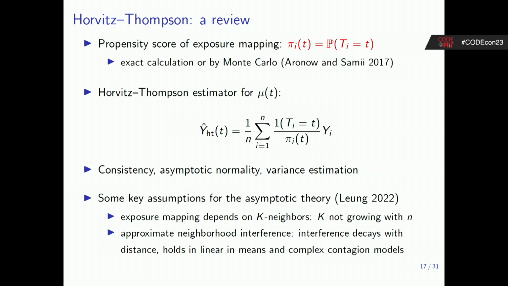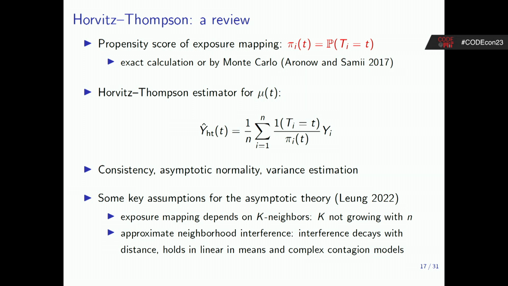We follow the recent Leung paper, follow their asymptotic analysis, the technical thing. There are assumptions, of course. The first assumption is when you define exposure mapping, this exposure mapping should be simple enough. Otherwise, my outcome depends on everybody's treatment. That's too much. So basically, exposure mapping depends on k neighbors, and k does not grow too fast.